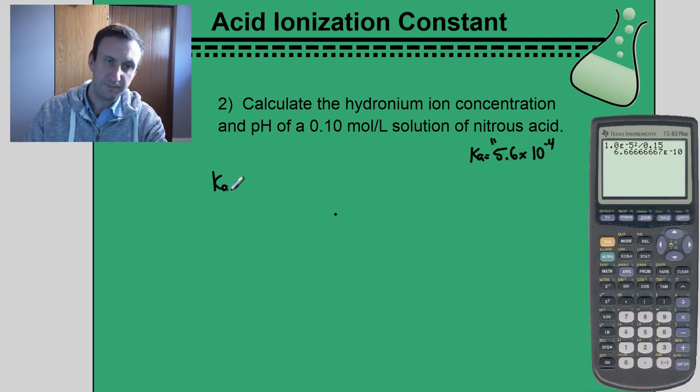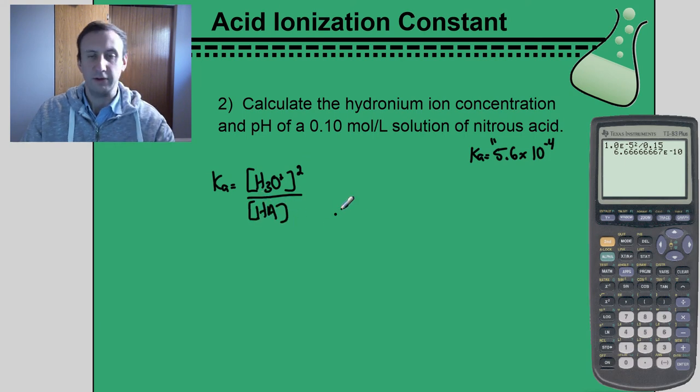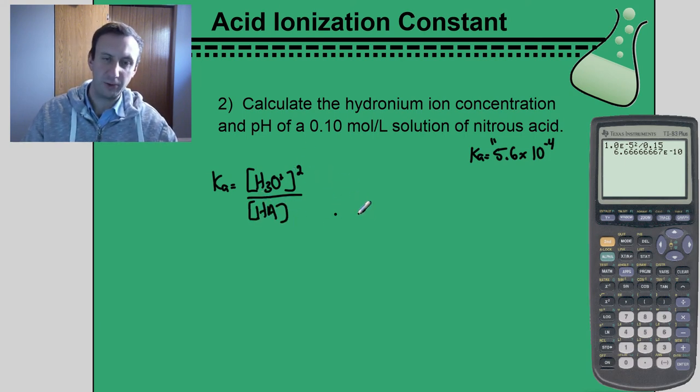So Ka is equal to hydronium squared over my acid concentration of HA. I'm trying to find hydronium, so I'm going to have to take HA and put it over here. So I have HA times Ka is equal to hydronium squared.